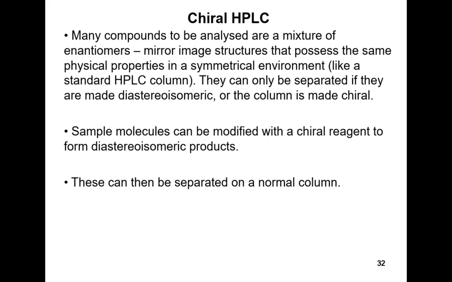But there are many applications where we need to distinguish them from each other, especially for biological applications, because biomolecules, if they are chiral, almost always exist in just one mirror image form.